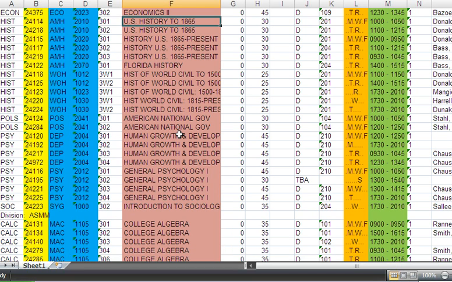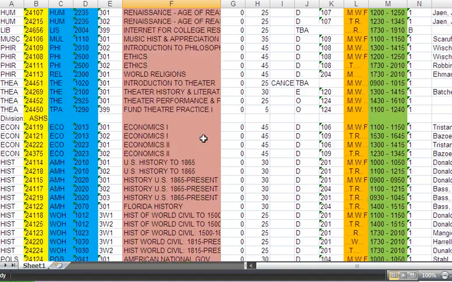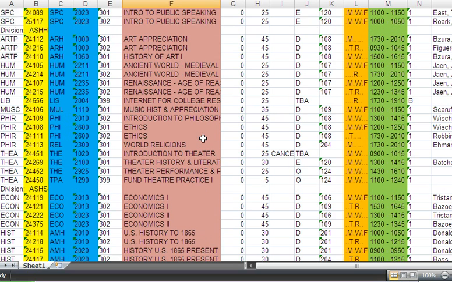Those are both required for high school graduation, so you could consider those if they work at all in your schedule. The human growth is, again, an option, general psych, sociology, those types of courses. So hopefully you can find something.